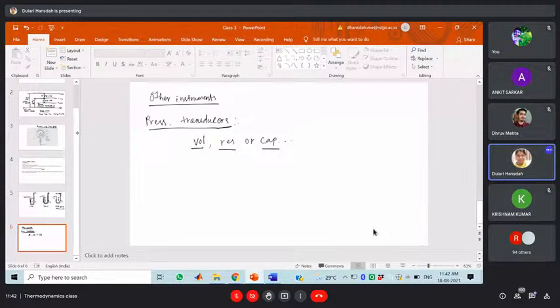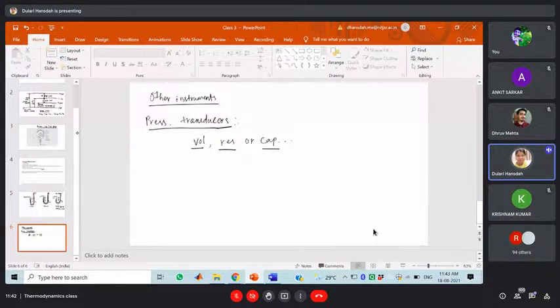Okay, so in this case, the range of pressure we can measure is from very low, less than 1 atmosphere, and above that 1 atmosphere can also be measured.